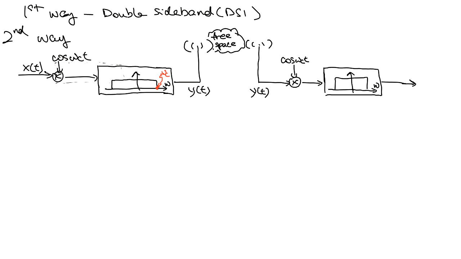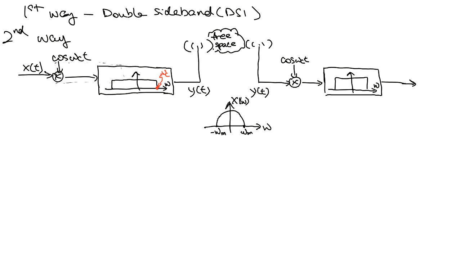Again, you assume x of omega, as the signal, has a certain spectral shape.